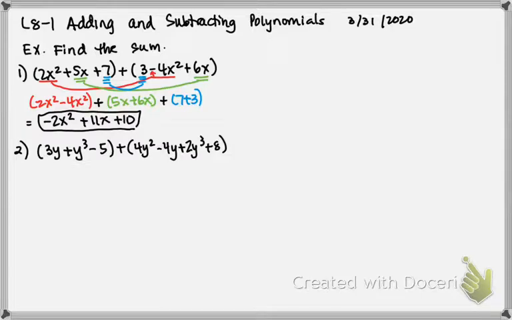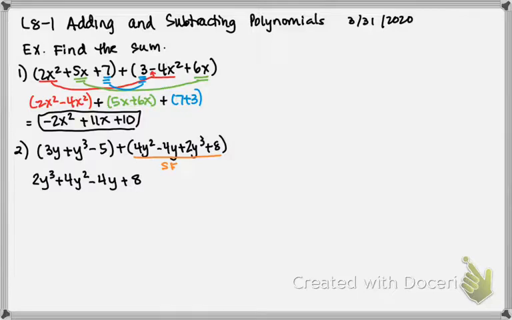So I am going to rewrite this in standard form, and I'm going to put it on the top. So in standard form, let's see, 3 comes first, so I get 2y cubed, then comes a y squared, so plus 4y squared, and then I have just minus 4y, and then I have a plus 8.